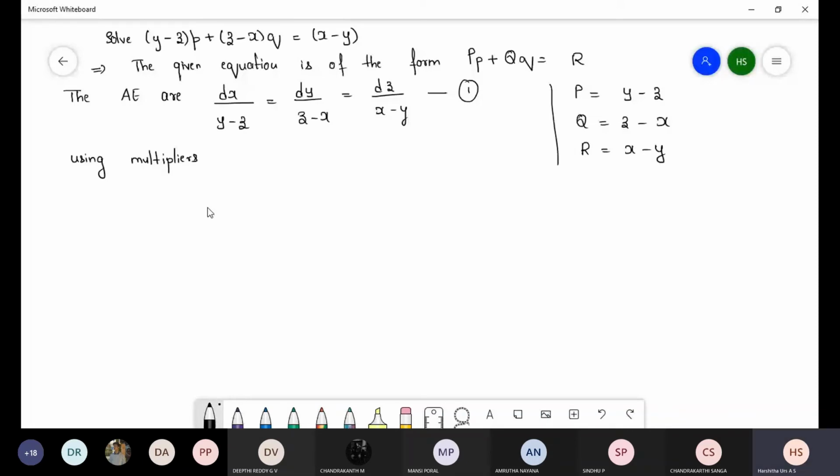So, which is the number we are going to multiply? If you multiply the denominator by a number, for that in which number it will become 0? What should be our k1, k2, k3?